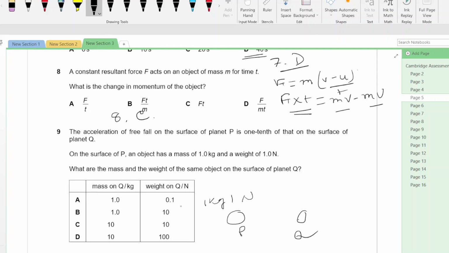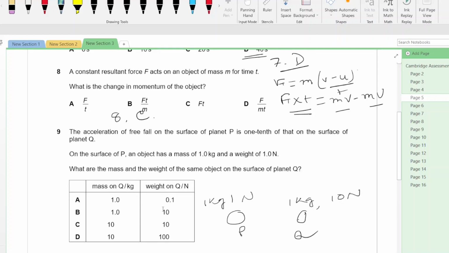Mass remains unchanged at the surface of planet Q. Therefore, it is 1 kg. But since the acceleration due to gravity on the surface of planet Q is 10 times, its weight would be 10 Newton.